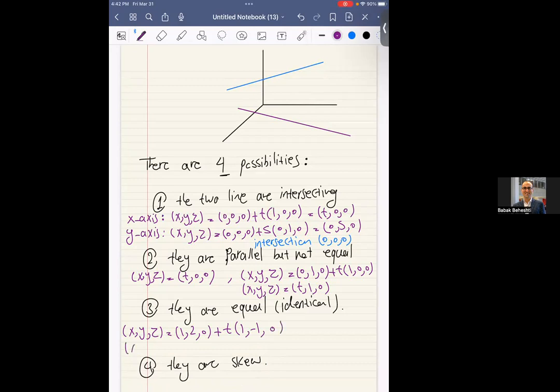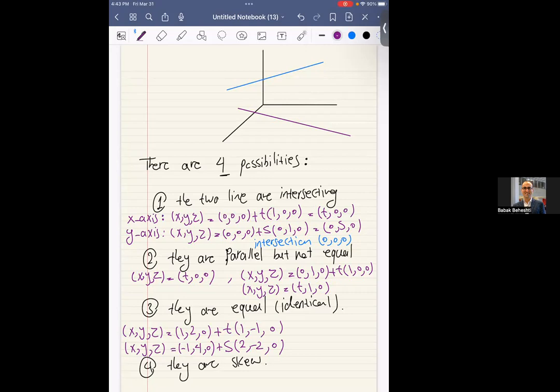And the second line is (x, y, z) equal to (-1, 4, 0) plus s times (2, -2, 0).